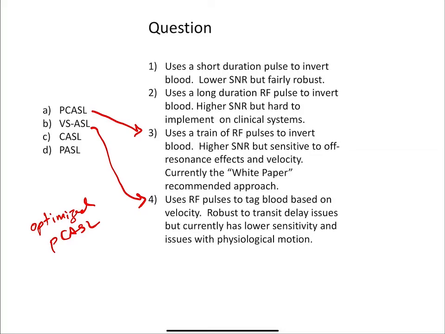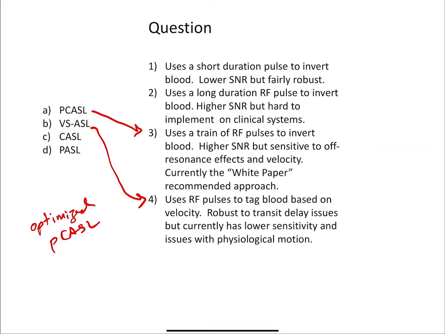Currently it has lower sensitivity, and because it's based on velocity, it's very sensitive to anything that's moving in the brain, including CSF pulsations, okay? And therefore, in older populations, it really has a problem because you have a lot of CSF in these older folks, right? So that's currently what people at the center are trying to figure out how to deal with. CASL, what does that stand for?